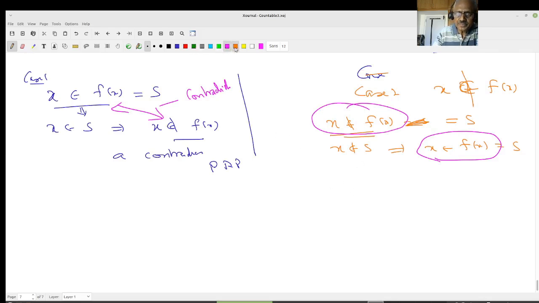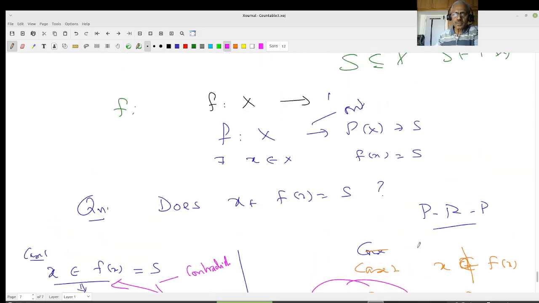Am I confusing? Let's start again. Suppose x is not in f(x). If x is not in f(x), by the definition of S, x is in S, but S is f(x), therefore x is in f(x), a contradiction.